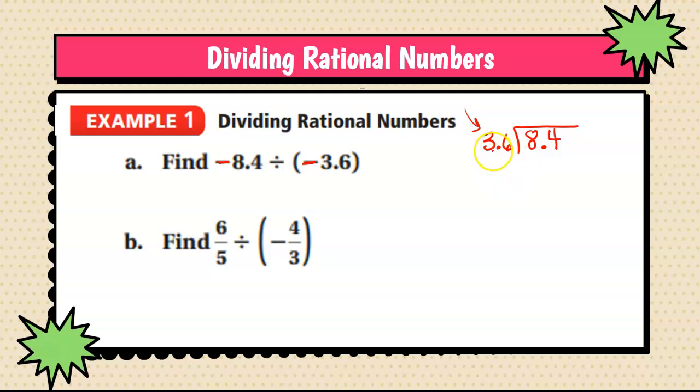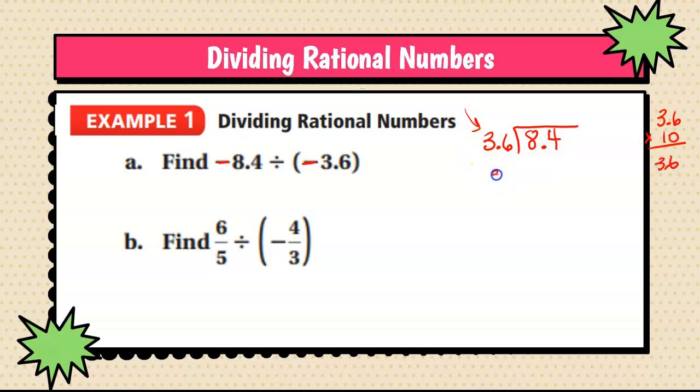I'm going to be able to do that by multiplying this number by 10, or whatever power of 10 I need to multiply by to get the decimal to the end of the number and to have a whole number. If I multiply 3 and 6 tenths by 10, that's going to give me a product of 36.